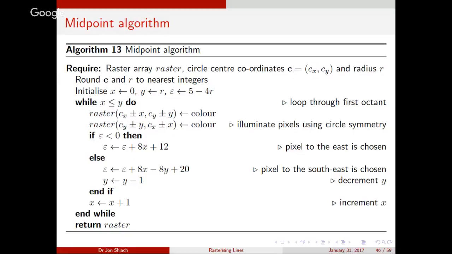And for what it's worth, we don't need it, but I'll update the error. So minus 11 plus 8 times 5 plus 12. Minus 11 plus 40 plus 12 is 41. So we had to go to the east, so x equals 6 and y equals 7.